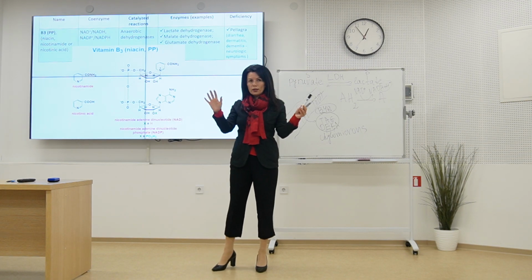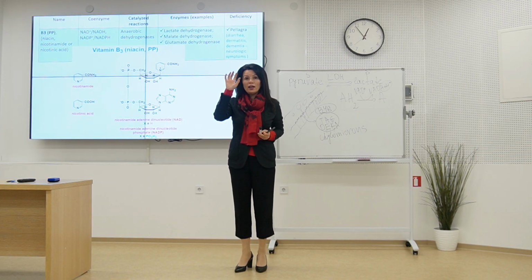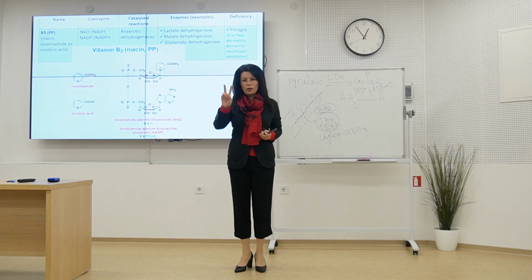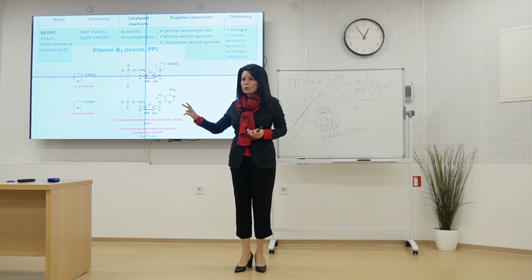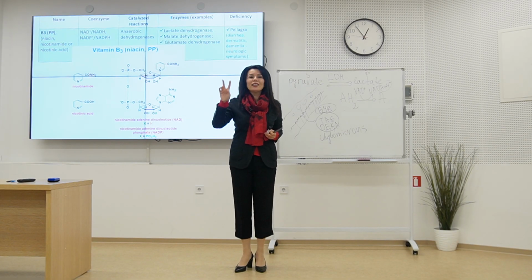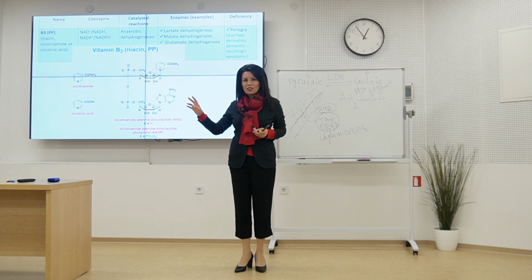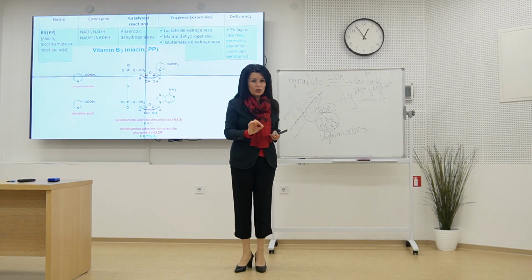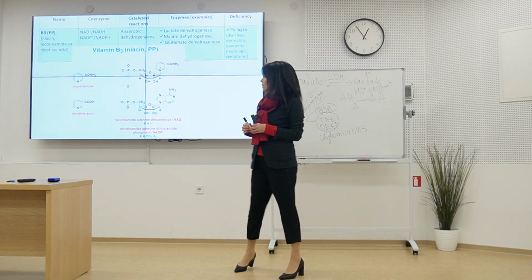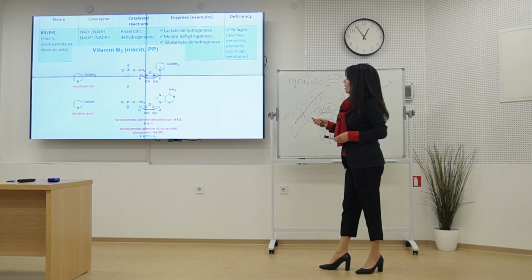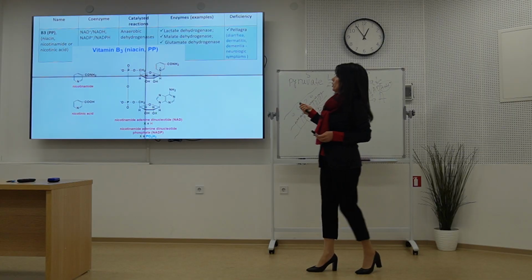To summarize, NAD and FAD, both of them are used in the reactions of dehydrogenation, they are cofactors of dehydrogenases. NADPH is a cofactor of reductases. These are the differences.